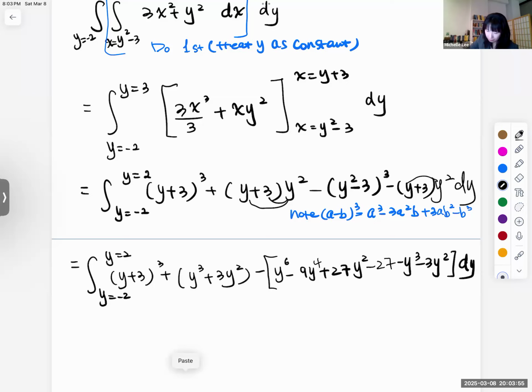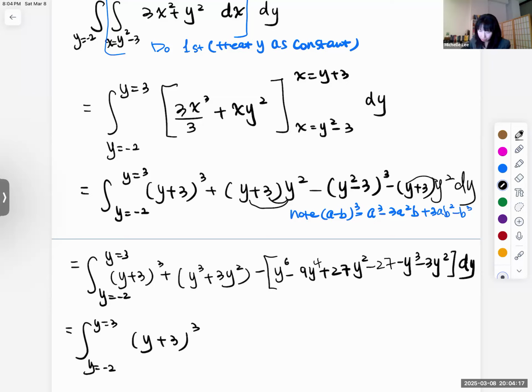So we have, oh, I made a mistake here too. So this should be 3, right? Copied wrong. So 3, 3. Okay, so we have y equal to negative 2 to y equal to 3. The first term, we can integrate later easily.